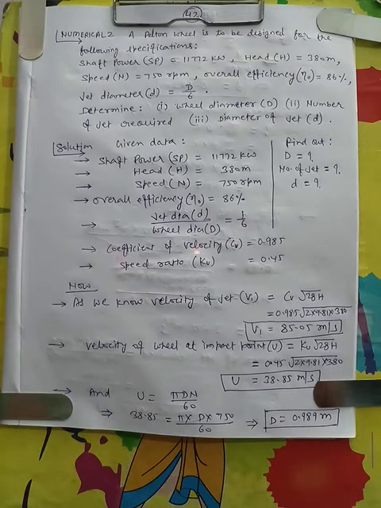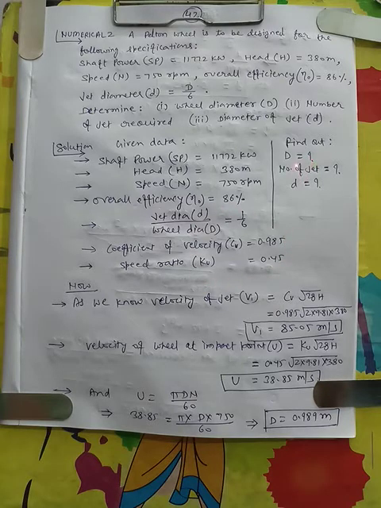The coefficient of velocity is given as 0.985, it is given in the question. And the speed ratio is also given. Speed ratio means U by V1, which is also given as 0.45.